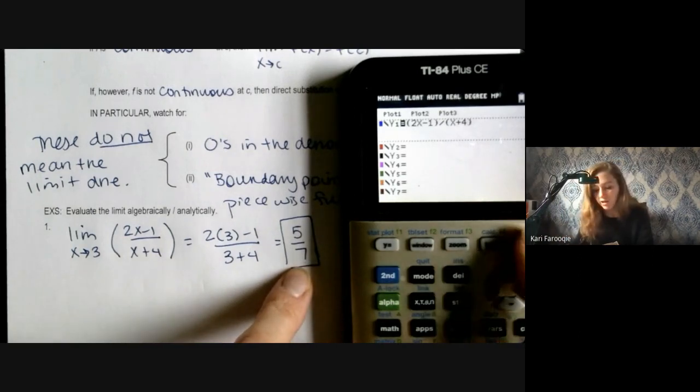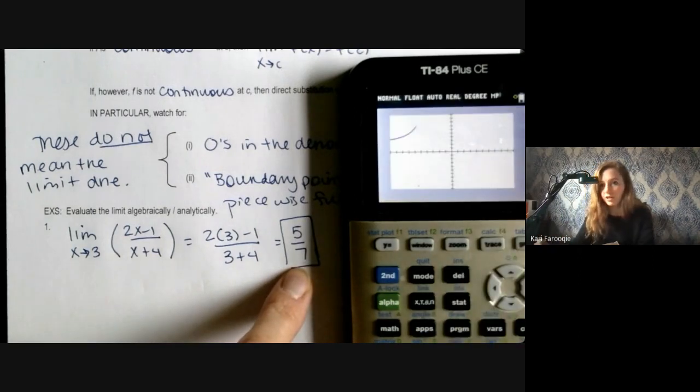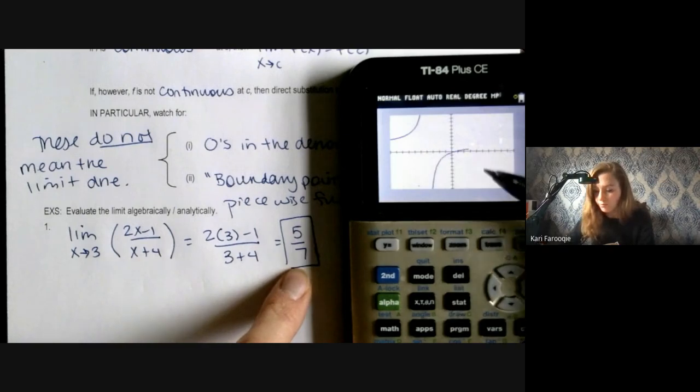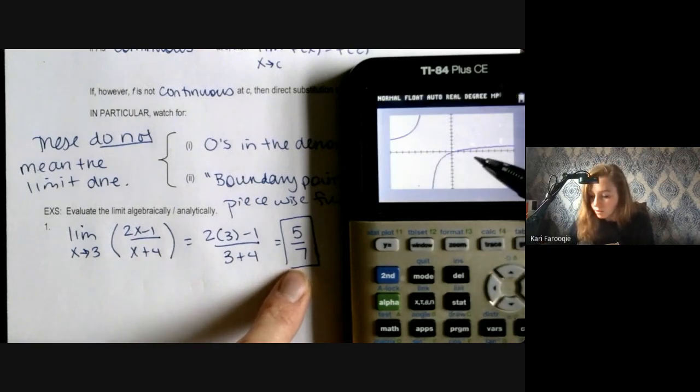We can eyeball that and see if that makes sense. As x approaches 3, the y value is a little bit less than 1. And that does indeed appear to be the case.